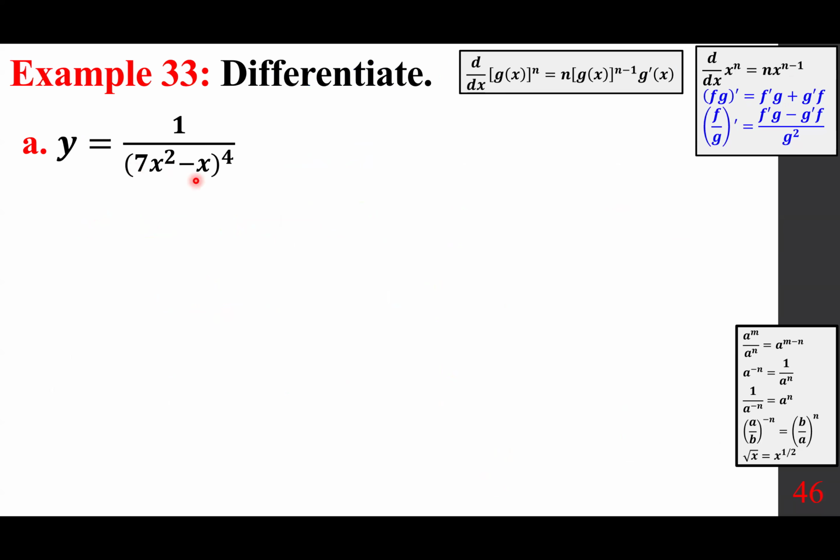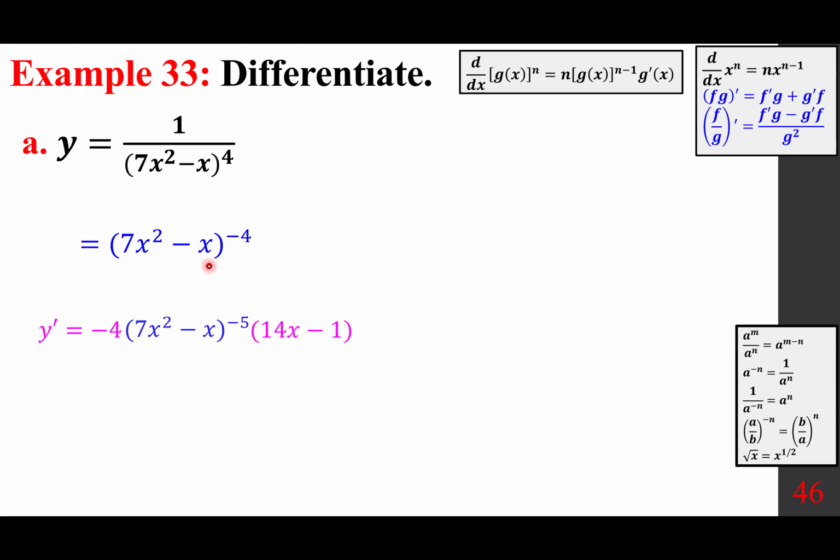y equals 1 over (7x squared minus x) to the power of 4. We want to differentiate that, back to the chain rule. We are going to bring this up and make it negative 4 using negative exponent rules everybody is familiar with, getting it ready for the extended power rule. y prime is negative 4 times the same thing to the power of negative 5, because negative 4 minus 1 is negative 5, times the derivative of the parentheses, 14x minus 1.